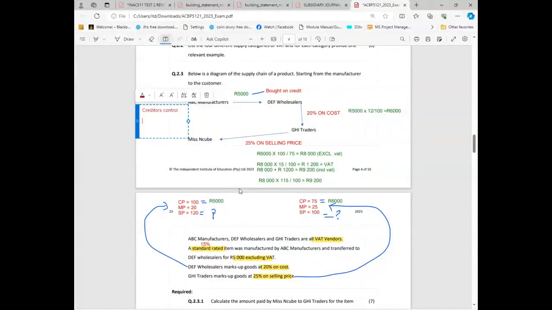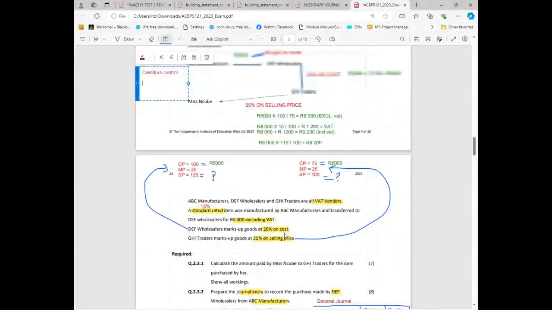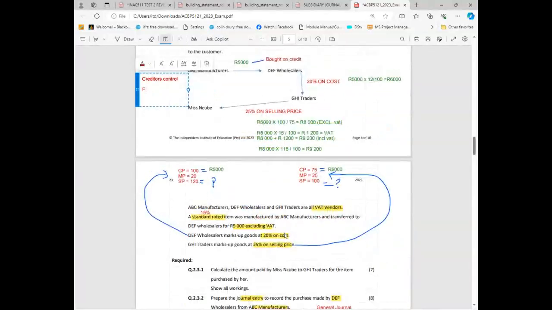But be careful here. They say you are using periodic. Can you see now? You need to be careful. We can't call it trading inventory because it's periodic. What do we call it? Purchases. Yes, you must always check all these finer details because they're tricking you. The minute you say trading inventory, that's wrong. You won't get a mark for that.